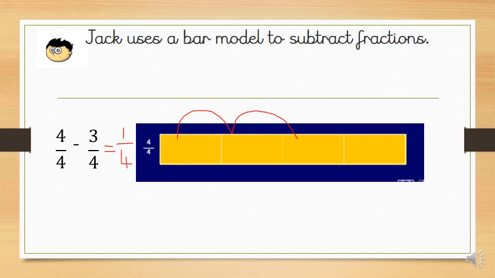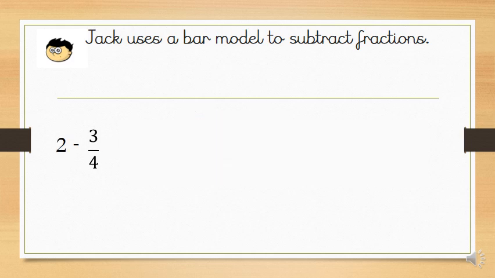So most importantly, if you've got a whole number in your sum, you've got to turn it into a fraction. And we know that 4/4 is equivalent to 1 whole. So now we've got 2 wholes take away 3 quarters. So first of all, we've got to turn that 2 into a fraction. So we know it's going to be split into quarters, and we know this because we're going to be taking away quarters, as you can see here.